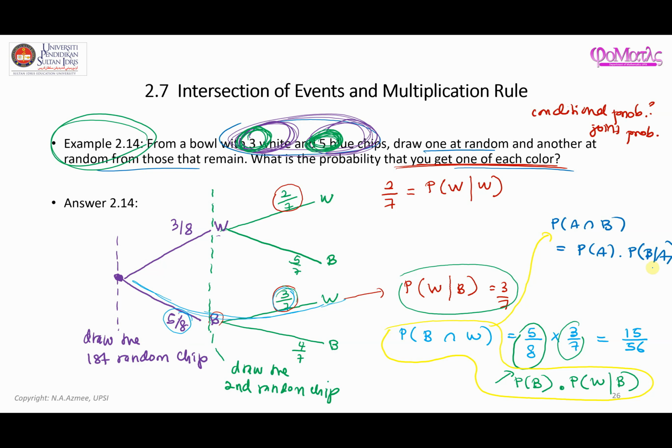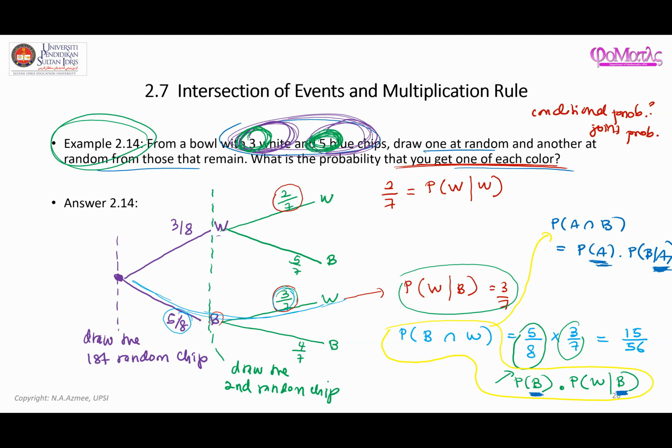We have A right here at the end, it has already been observed. Similarly, we've got B at the end here, which means it has already happened, and therefore we've got the probability of B next to this conditional probability.